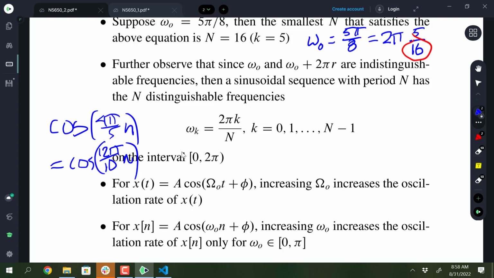If I take 12 pi over n, I can break that into 10 plus 2. I guess I did this, maybe I did this the wrong way.